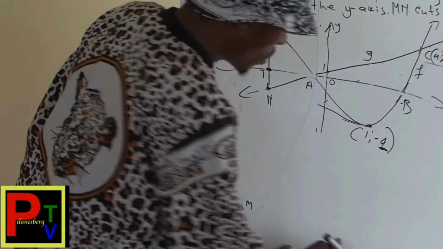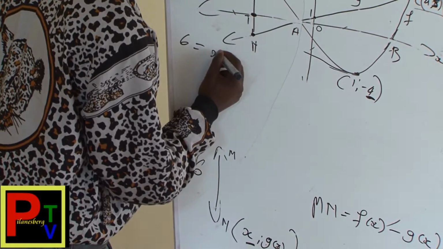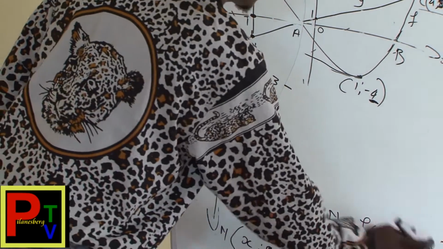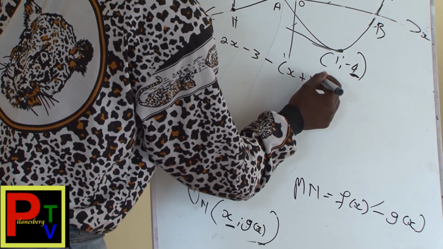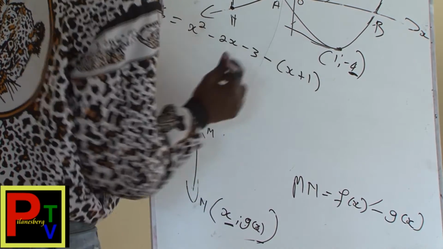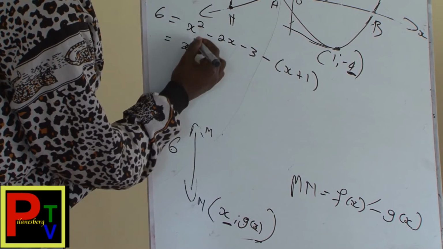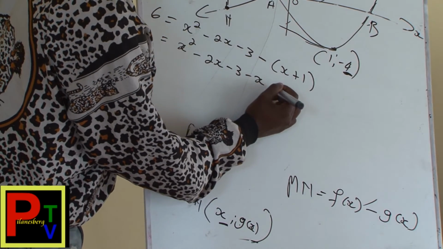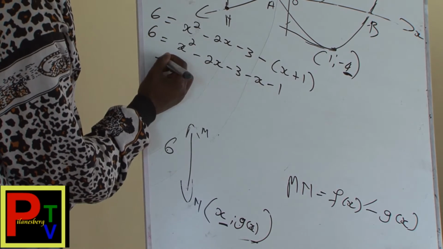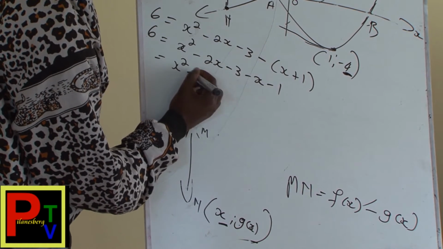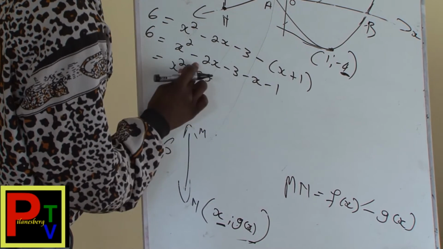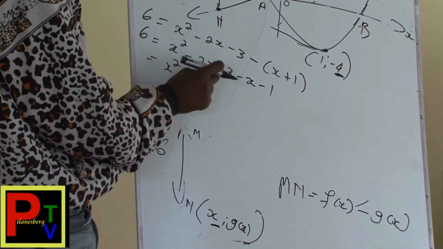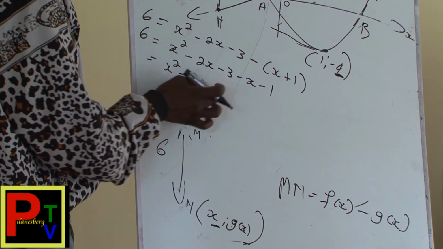It's equal to f of x, which is x squared minus 2x minus 3, subtract g of x, which is x plus 1. Mathematics says break your brackets first. Minus x gives x squared minus 3x, because negative 2x minus x is negative 3x.